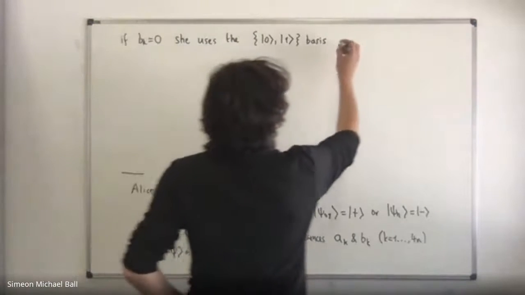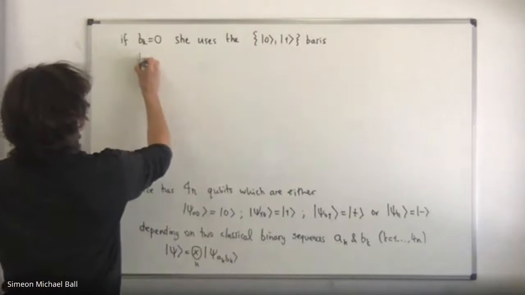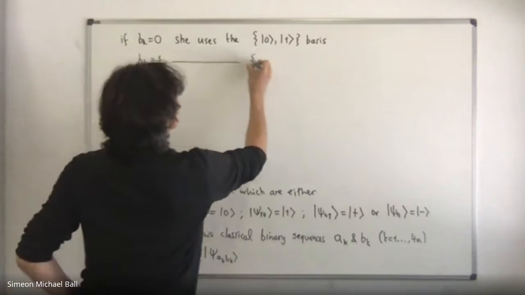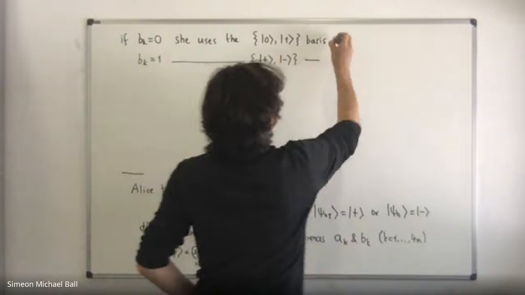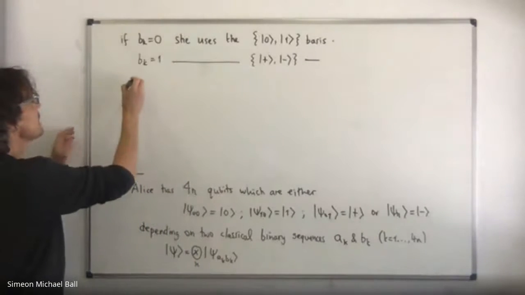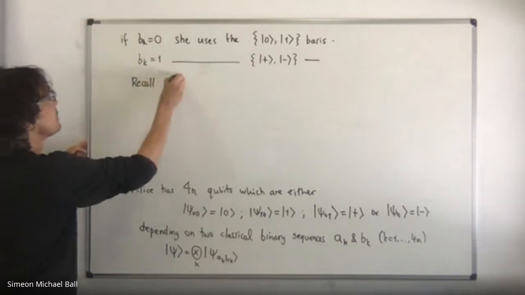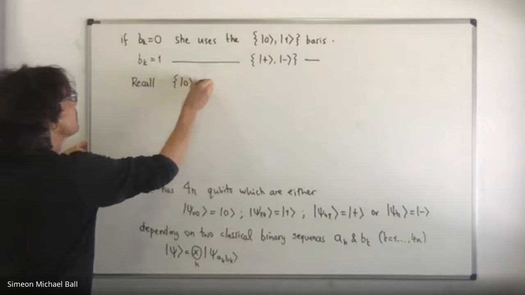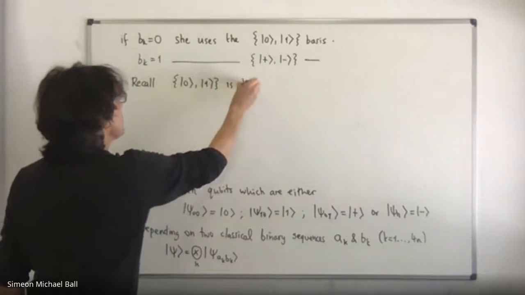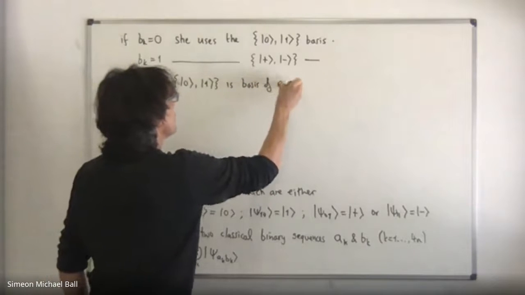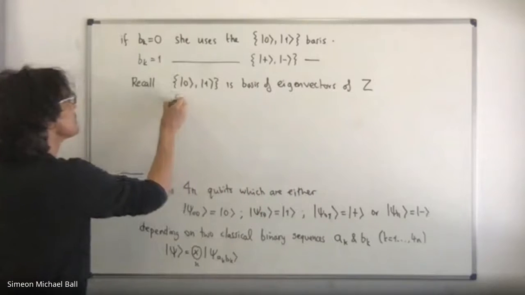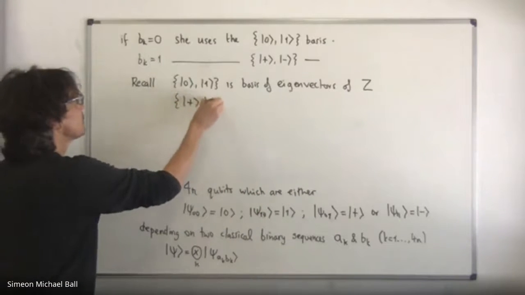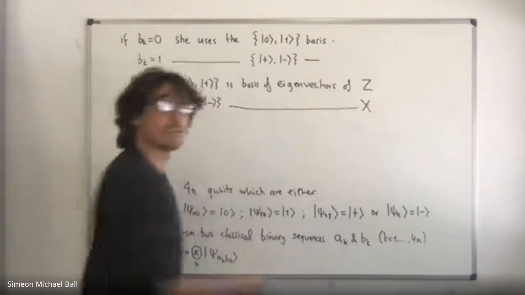And if b_k is 1, she uses the plus minus basis. So recall that the 0, 1 basis is the basis of the Z, and the plus minus is the basis of the X.